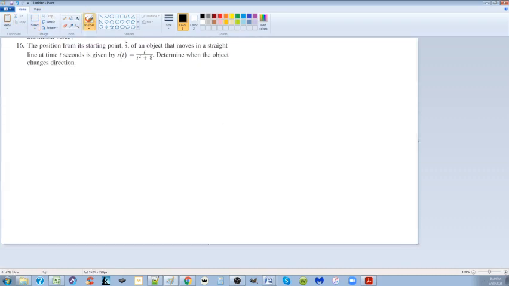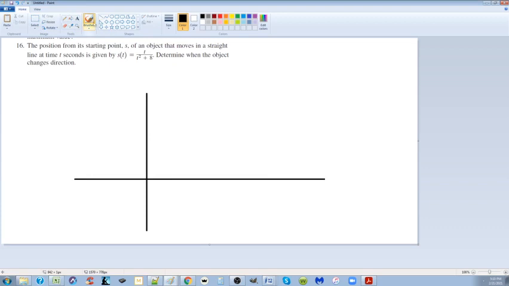From its starting position, S, so that's a distance, is an object that moves in a straight line based on this time. So right away, if I'm going to graph it, I can tell you that, not true, sorry, that as this gets bigger, it's going to approach 0. And again, it looks like something like this.